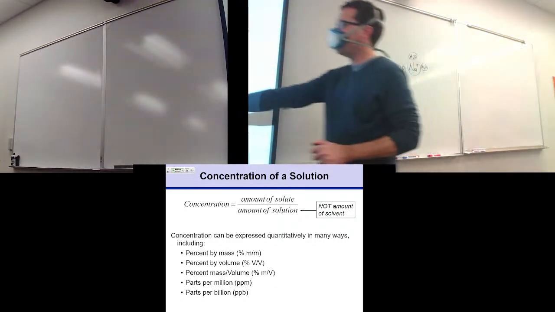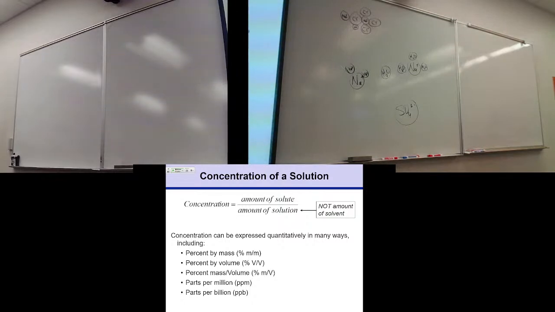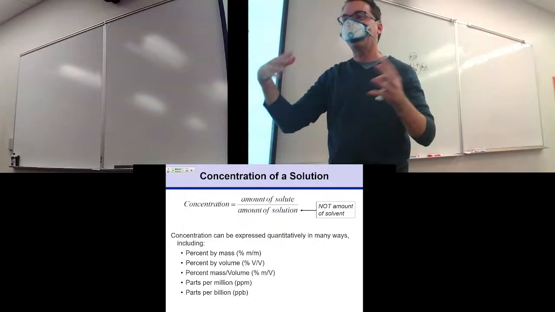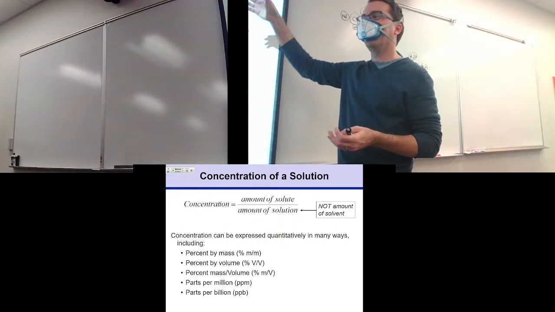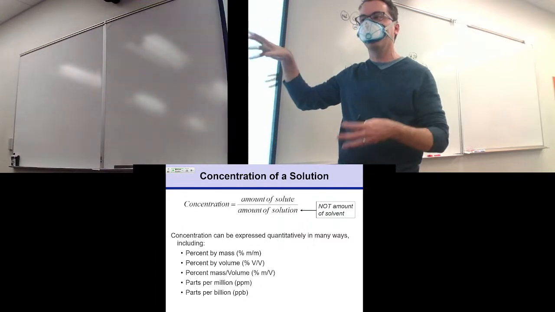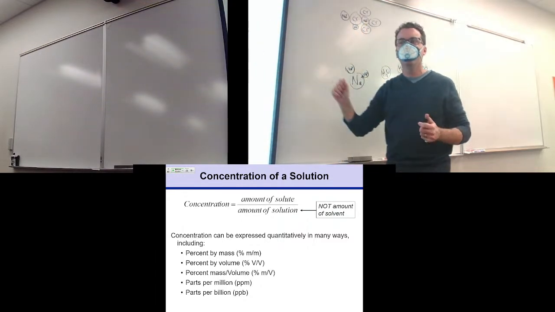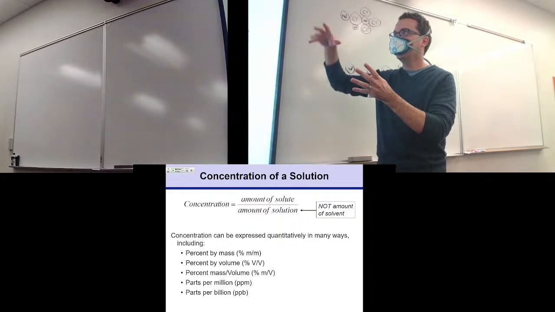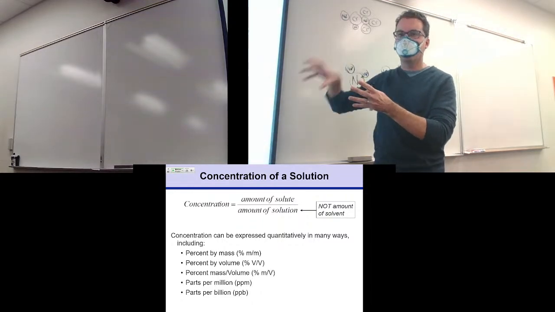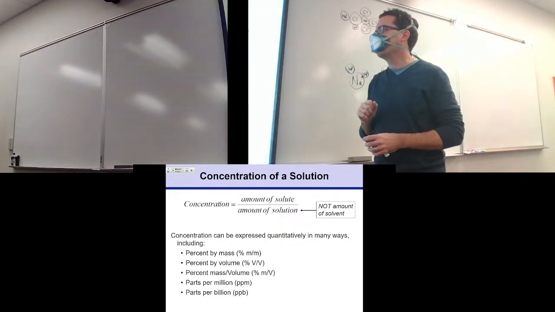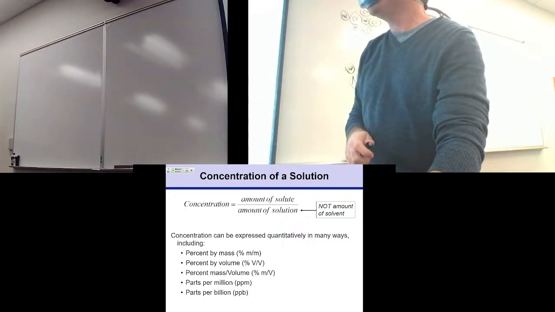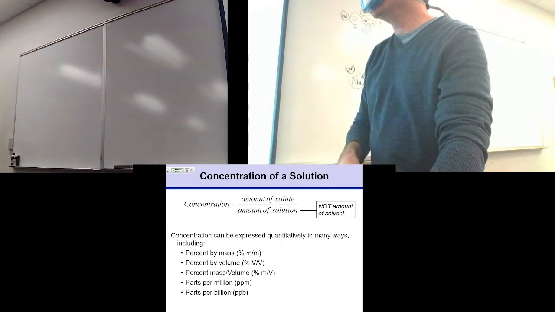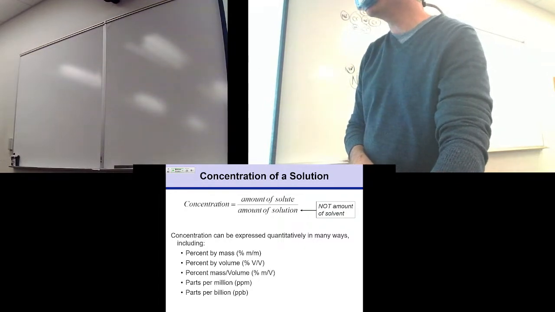Really what parts per million means is your numerator and denominator units differ by a factor of a million. So it's like micrograms of stuff over grams of solution. For parts per billion, it's nanograms of stuff over grams of solution. Okay. These are all different forms of concentration you'll see in literature and anywhere you read about concentration.